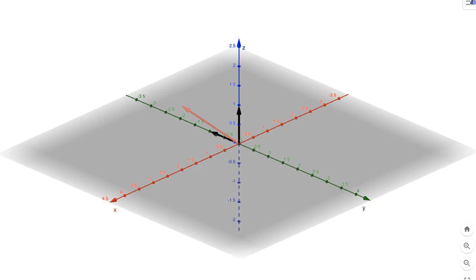So you can see that from here it goes to there, and then to there. So it's rotating clockwise about this direction vector. Clockwise is the negative direction, so the angle of rotation would be negative 120.